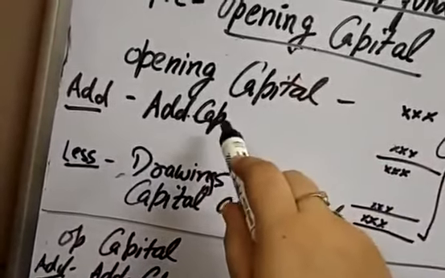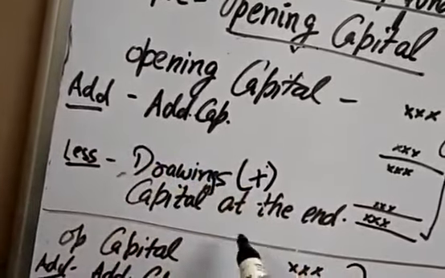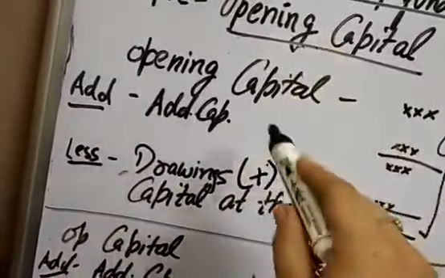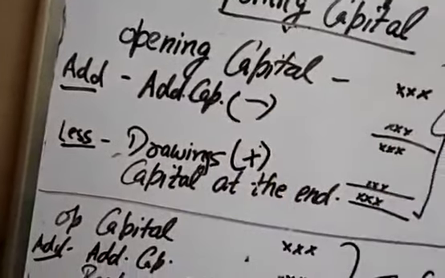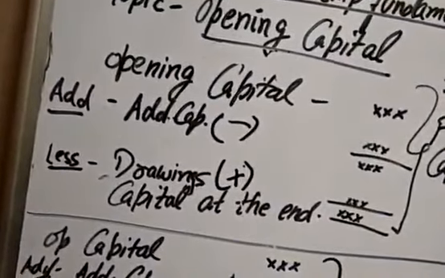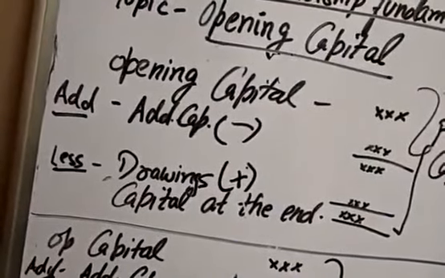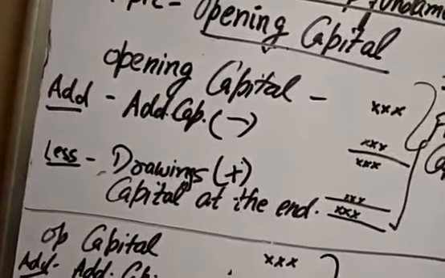And what we do with additional capital, we add additional capital. But if we are going in an upward direction, we will deduct additional capital. So what we had done, we had reversed the entries. We had added the drawings and we had deducted the additional capital.